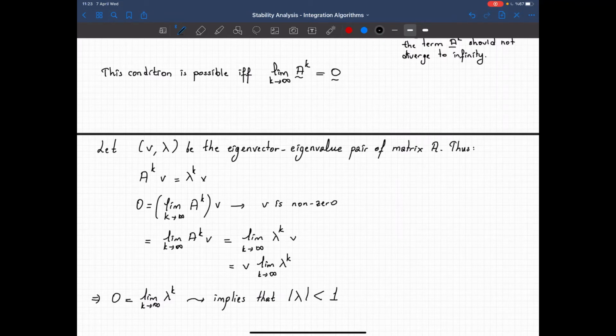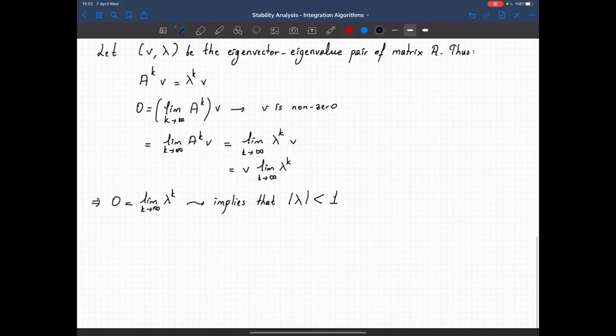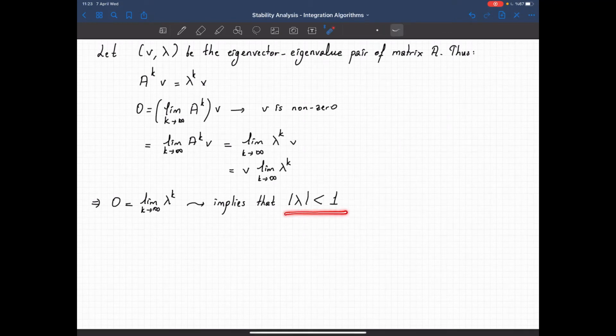Otherwise, their power will go to infinity. So again, instead of saying this as follows, we will write the mathematical term. Therefore, the spectral radius of matrix A must be smaller than 1. So this is the spectral radius.